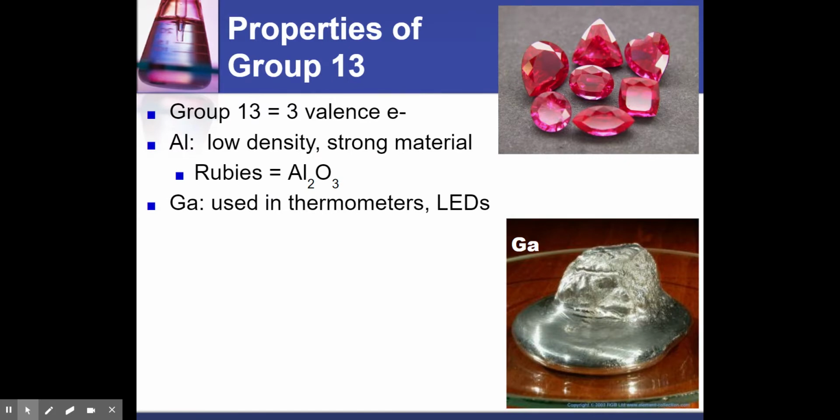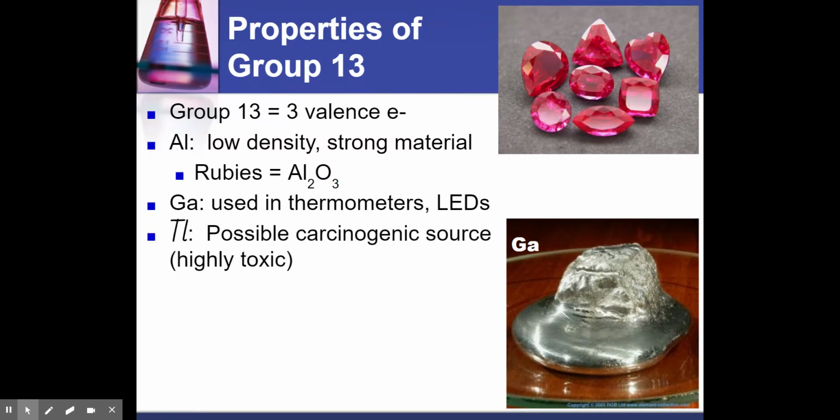The interesting thing about gallium is it is a solid at room temperature, but it has a melting point very close to that of the human body. Not the human body's melting temperature, but the human body's temperature. So if you put a piece of gallium in your hand, it will warm up just that little bit, and it will turn into a liquid.